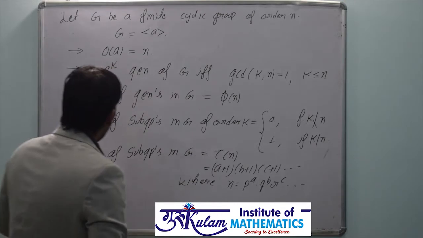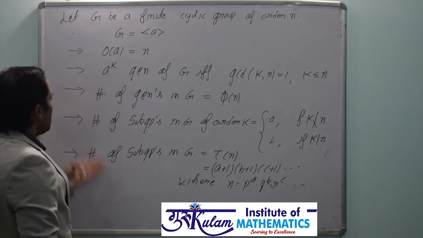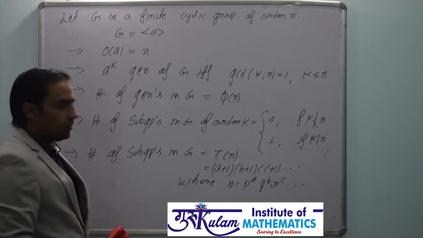So these are the properties for a finite cyclic group.